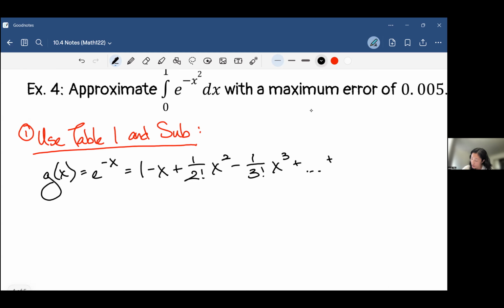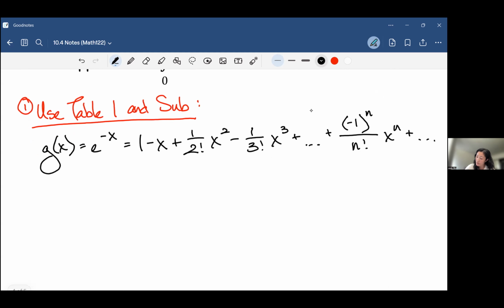You end up with negative 1 to the n over n factorial x to the n. We're just copying that straight off of our table.